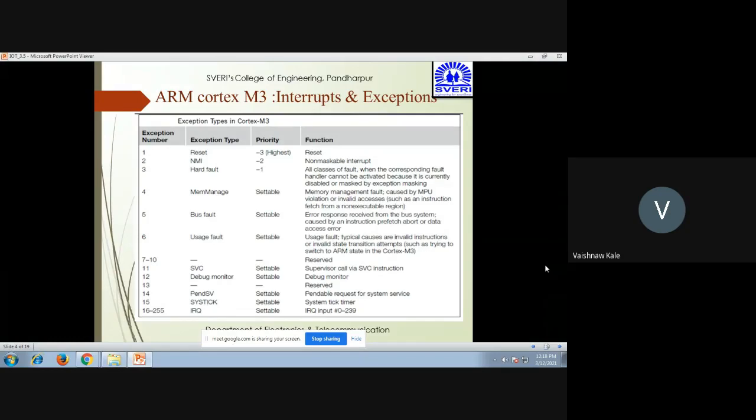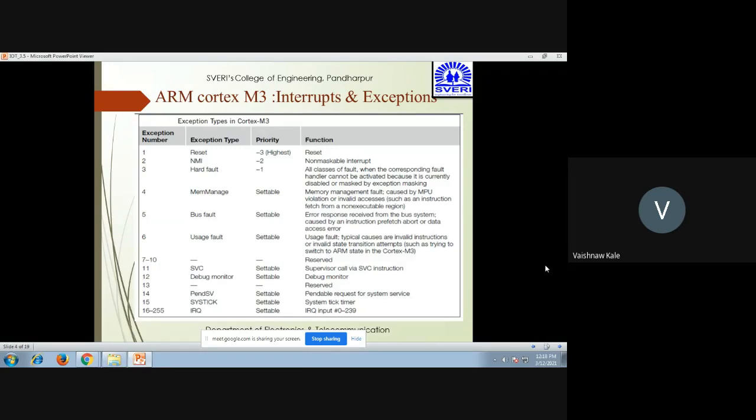Usage fault is typically caused by invalid instructions or invalid state transition attempts. Then 7 to 10 are reserved. The 11th one is SVC, that is, a supervisor call via the SVC instruction. The 12th one is the debug monitor. Then 13 is reserved. 14 is PendSV, that is, a pendable request for system service.